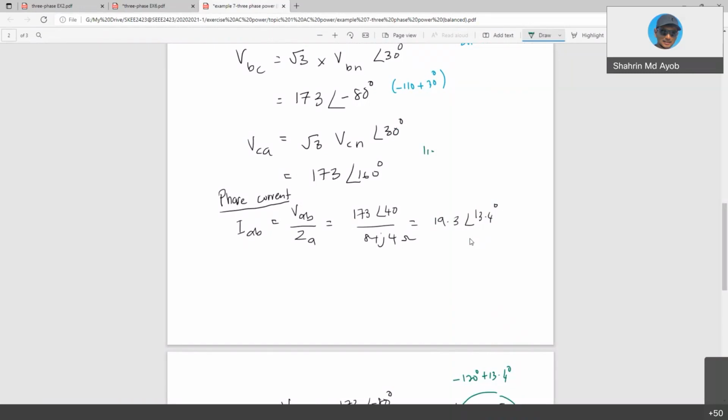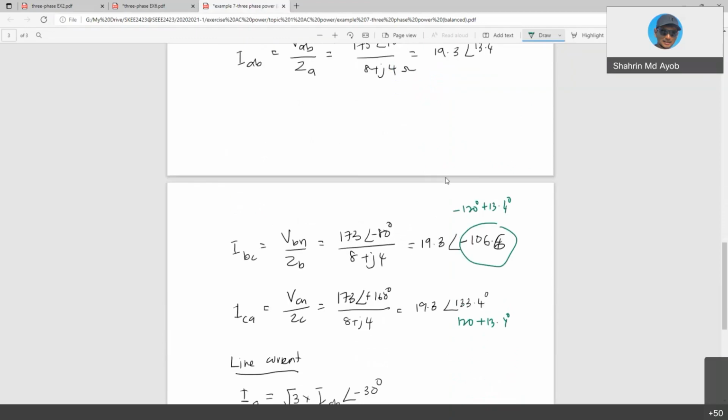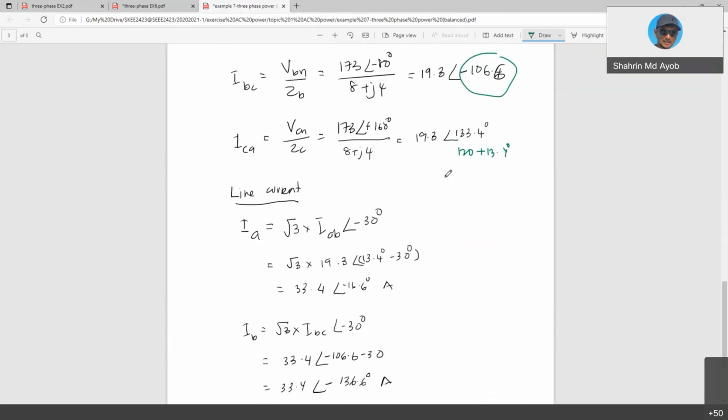So my line current IA is square root 3 multiplied with 19.3, angle 13.4 minus 30 degrees. Because the line current will always lag the phase current. So I obtain my line current equal to 33.4 with an angle of negative 16.6.